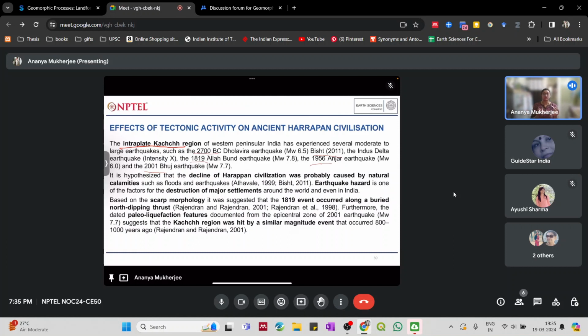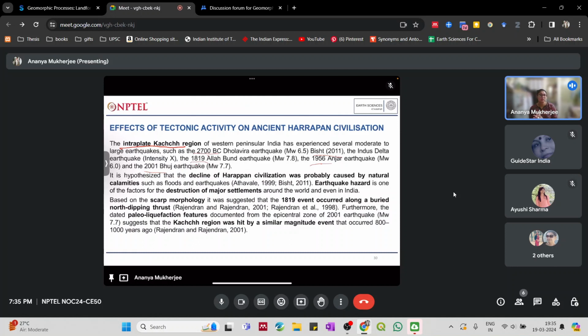Now the hypothesis given by the researchers was that the decline of the Harappan civilization was most probably caused by natural calamities associated with floods and earthquakes.